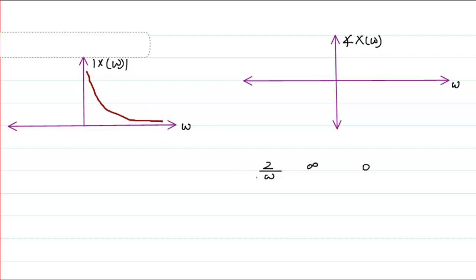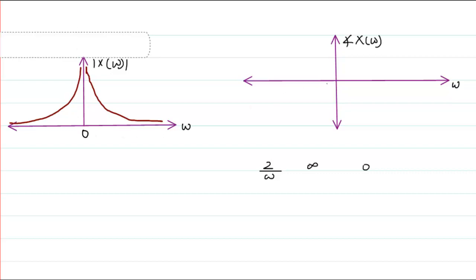Similarly, when omega is equal to minus, it is going to have similar values, and where this is basically 0, so at 0 it is infinity, so we cannot show.